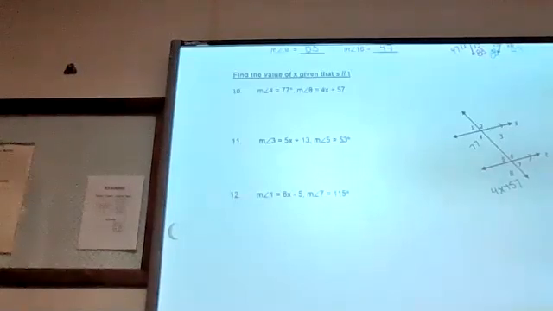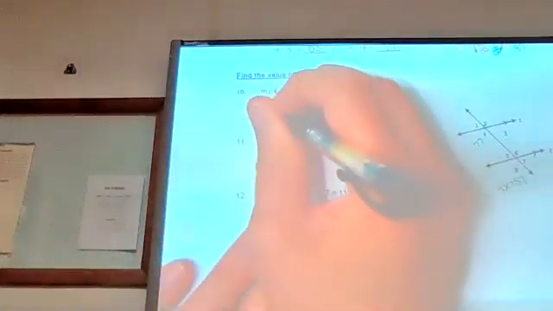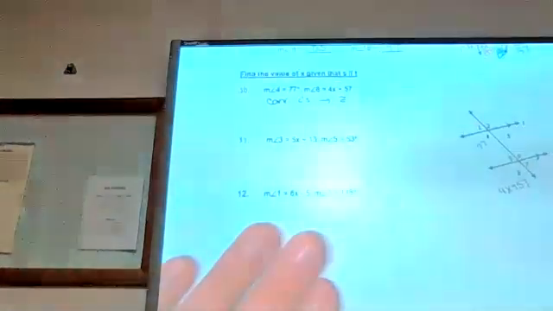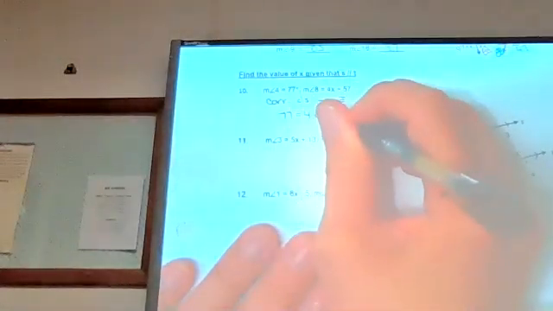What type of angle relationship is that? Corresponding angles. So what you need to ask yourself is, what's the relationship between 4 and 8? They're corresponding angles, which means they're congruent, which means I can set them equal to each other.